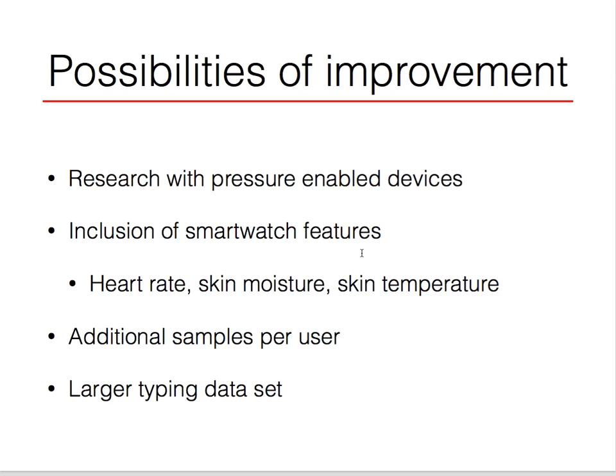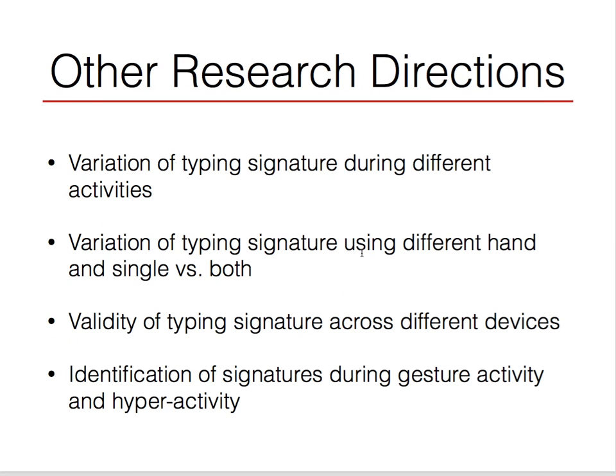We are recommending that this research be extended to pressure-enabled devices, make use of smartwatches and additional features such as heart rate, skin moisture, skin temperature. We strongly encourage adding number of samples per user and considering larger typing dataset.